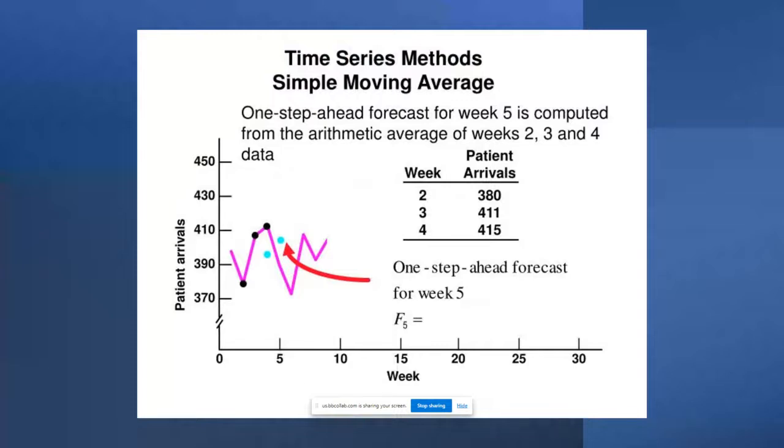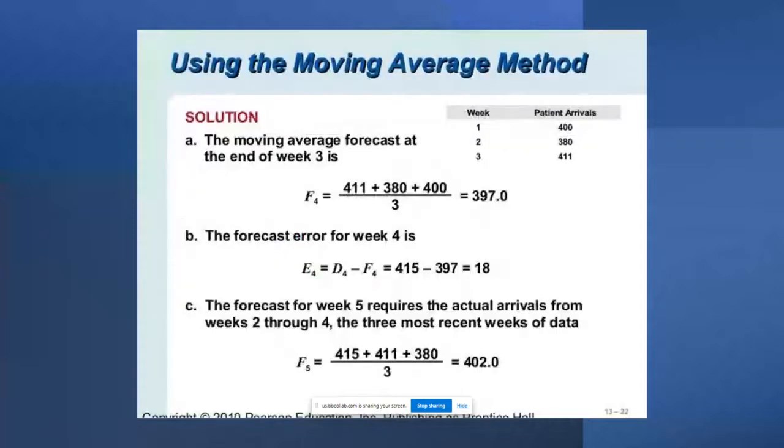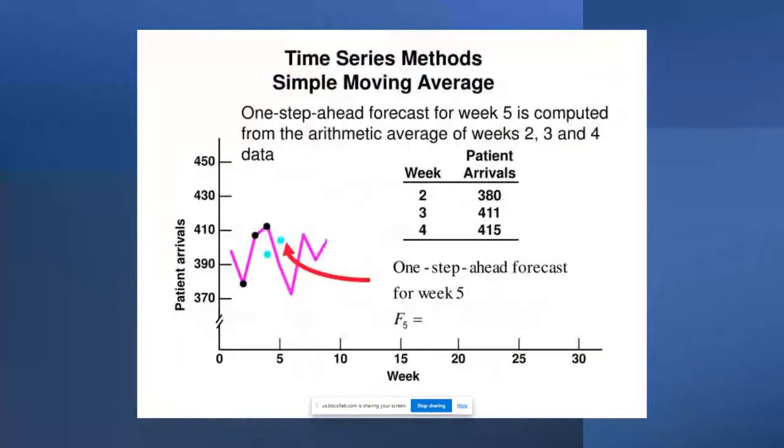Again, it's a one step ahead forecast. So we take the average of weeks 2, 3, and 4. We come up with the average, which was 402. The forecast for week 5 is 402 patient arrivals.